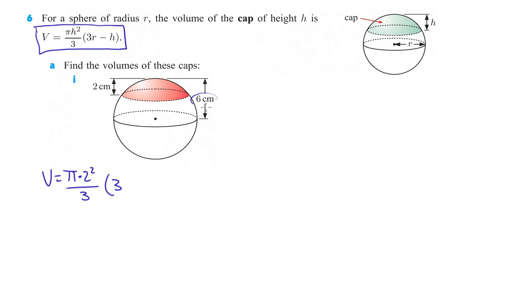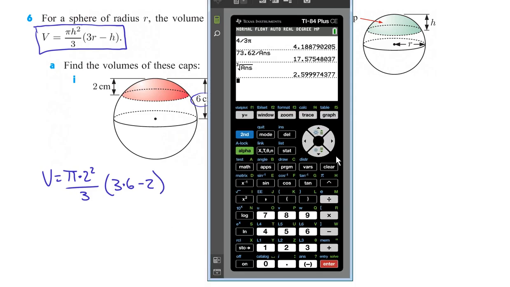So this 6 here is also the radius. So 3 times 6 minus h again, which is this piece right here, which is minus 2. Yep, just like that. So now we can just put that into our calculator and see what we get, right?